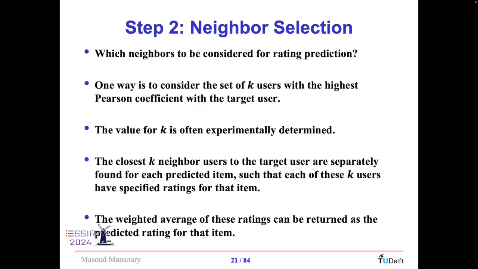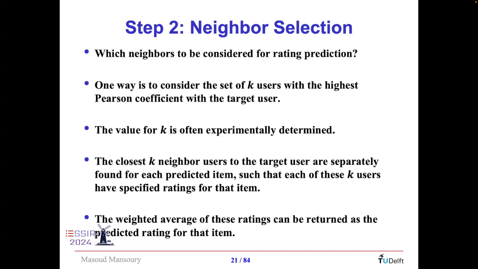The second step is neighbor selection. We just computed the similarity value between all the users in the previous step. Maybe we have millions of users, like in a big company, or maybe you have a large data set. So which neighbors should we select for the next step?